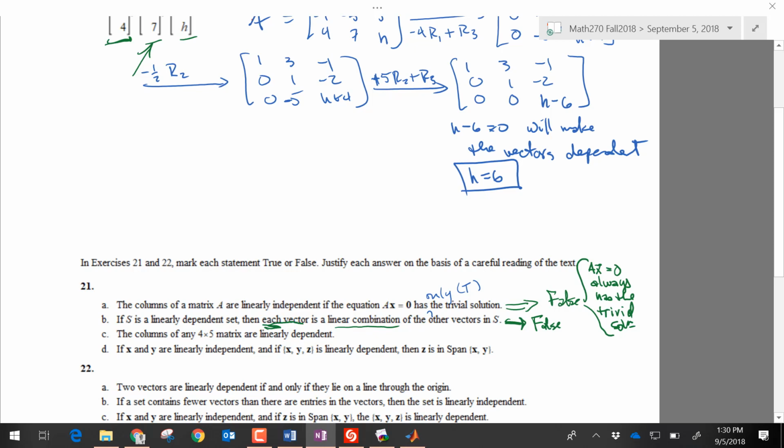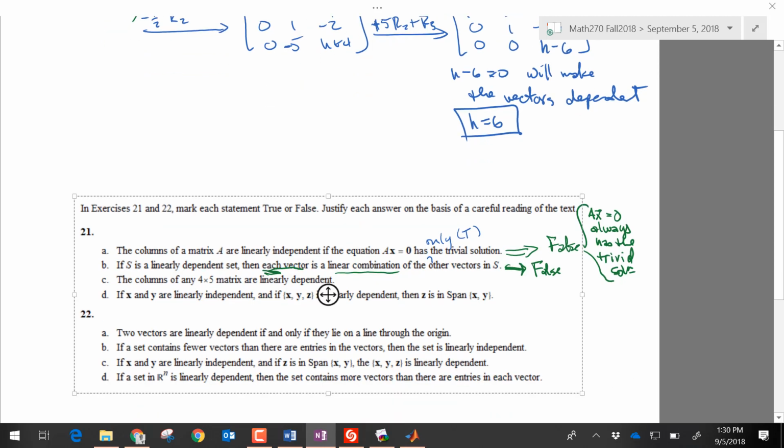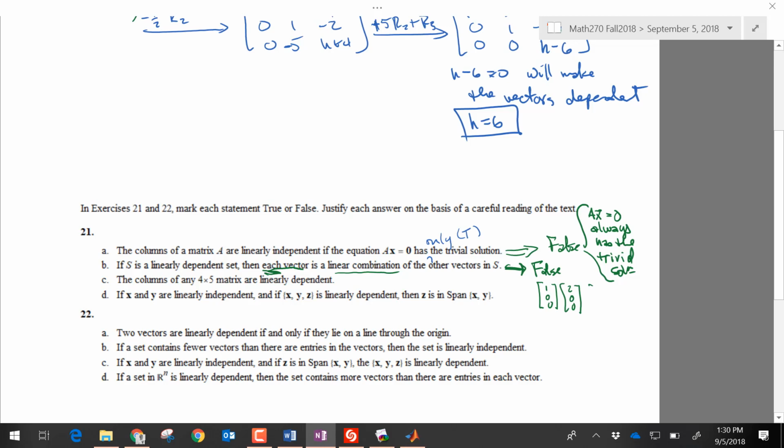So the example that Pedro just gave is that if we had 1, 0, 0 and 2, 0, 0 and 0, 0, 1. So the whole set, if we consider this whole set is linearly dependent, right?